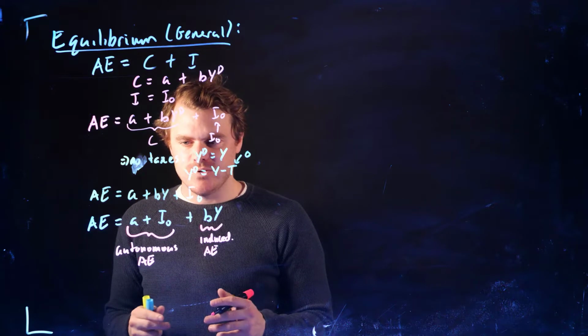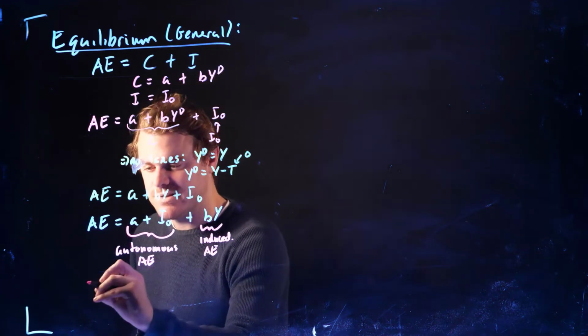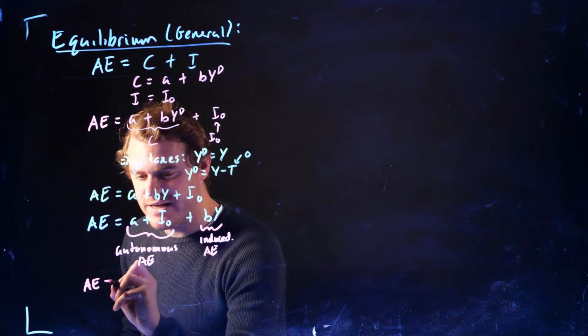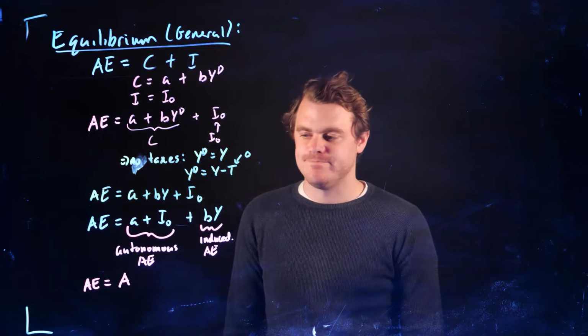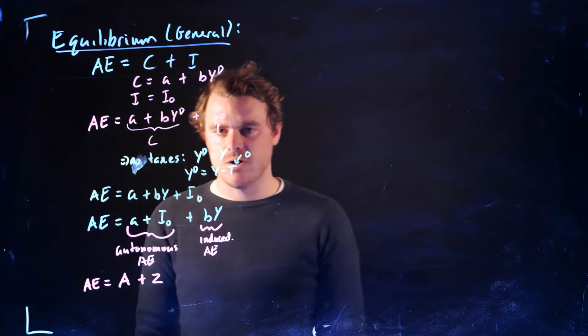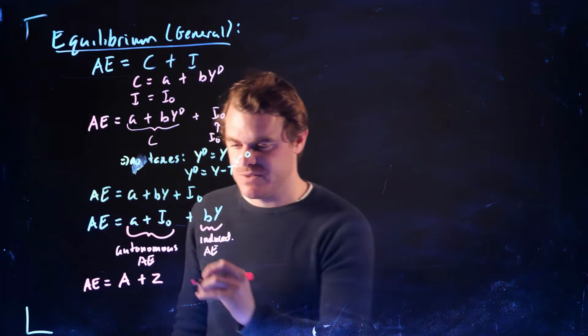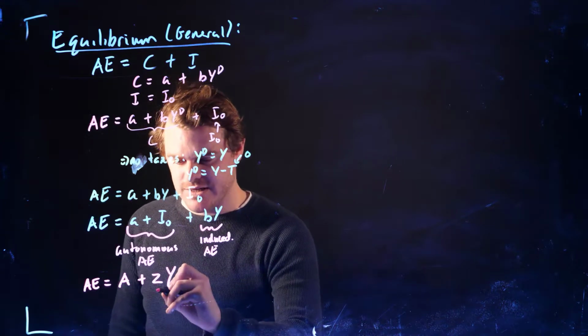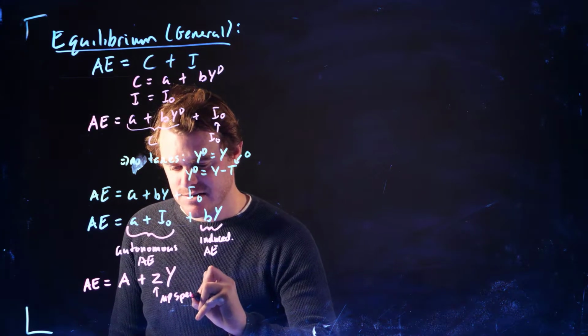And what we're going to do is think about rewriting or simplifying this, so we're going to denote all the autonomous aggregate expenditure as just being equal to capital A. We're going to call the slope of the AE function Z. So this is the marginal propensity to spend.